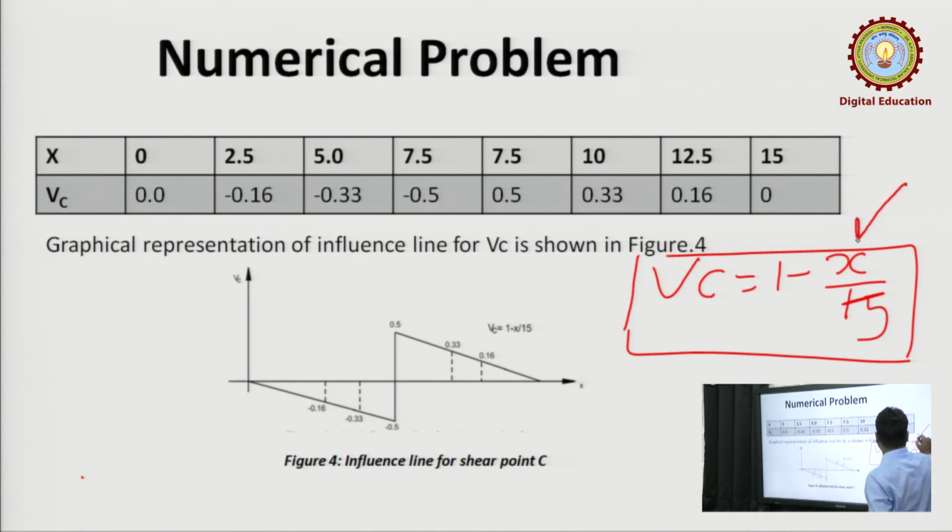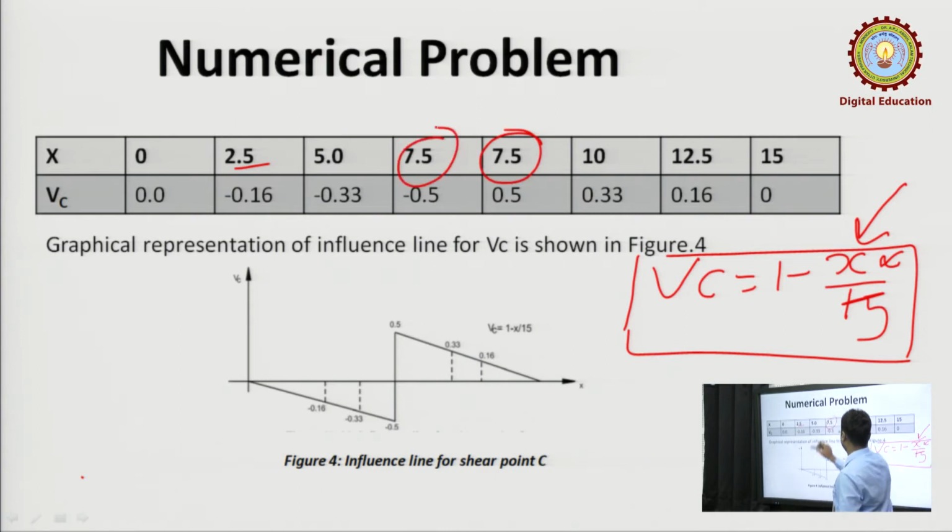On solving this equation, the value that came is shear force at C is 1 minus x by 15. We are going to put values of 0, 2.5, 5, 7.5 and similarly the same values again, because the sign is going to change. We know the general form.